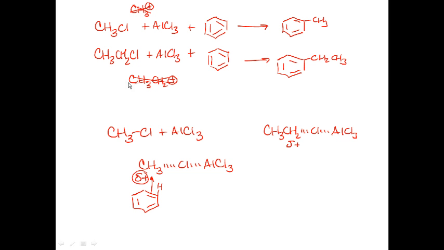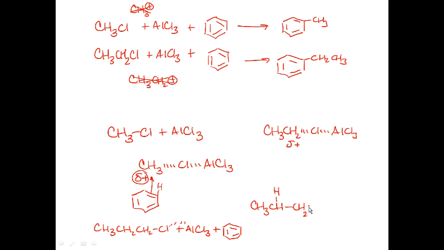But what happens when we try to do this reaction with n-propyl chloride? If I take this 1-chloropropane, or n-propyl chloride, and react it with aluminum trichloride and benzene, the aluminum will still associate with the chlorine and stretch the bond. But in this case, because this is now a propyl group, I can get a carbocation rearrangement.